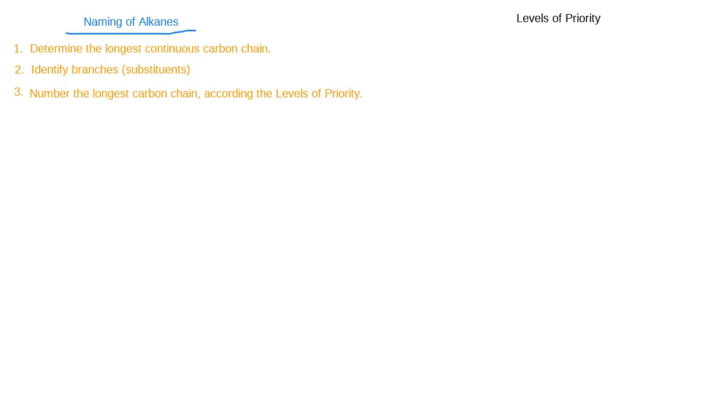These levels of priority actually work for not just alkanes, but for all compounds, which is why the first level of priority is going to be to number starting from the end of the chain which is closest to the functional group.